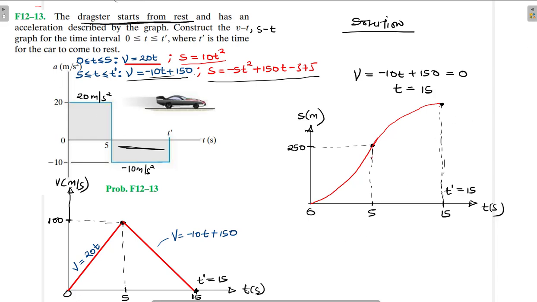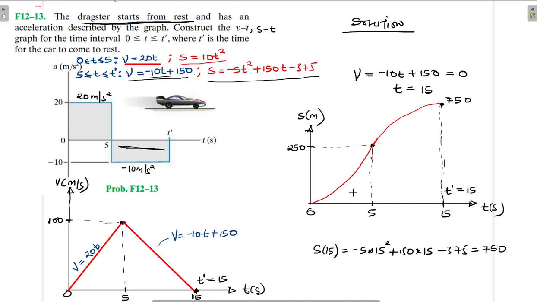If we are to find it, s of 15 is going to be equal to minus 5 times 15 squared plus 150 by 15 minus 375. If we work this out, this gives us 750. So we have this point is 750.